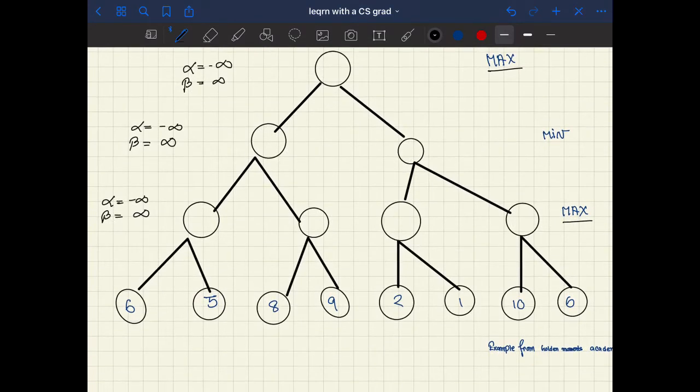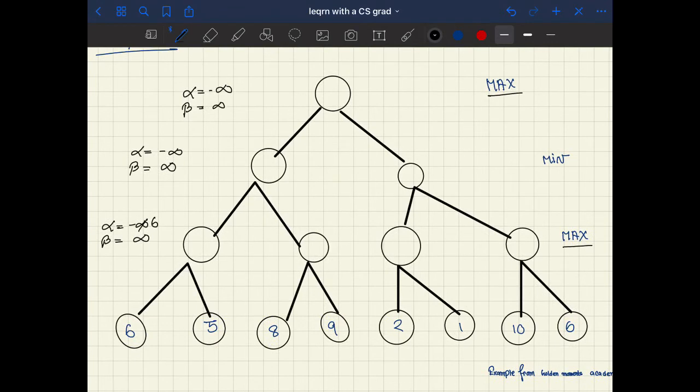Our task here is to find the max value, and of course 6 is much better than minus infinity, so we put 6. We look into 5, which is not better than 6, so we are not going to look into that, and the value goes up to its parent. In the parent we are looking for the minimum value, so which is lower, positive infinity or 6? Of course 6, so we put 6 here, and this value flows down to the right-hand side.